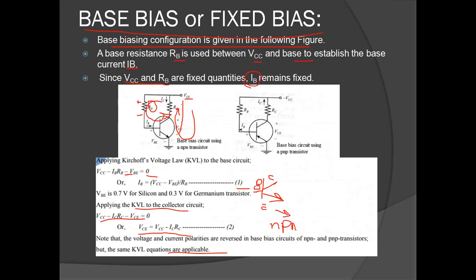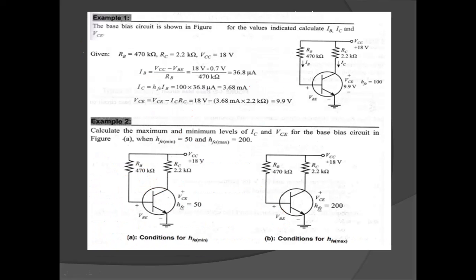We saw we have an equation for the base current, that is the input current, and we have the equation for the output voltage, that is VCE. Now the base bias circuit is shown in the figure. For the values indicated, calculate IB, IC and VCE. So we have to calculate the base current, the input current, the collector current, the output current, and the VCE, the output voltage.